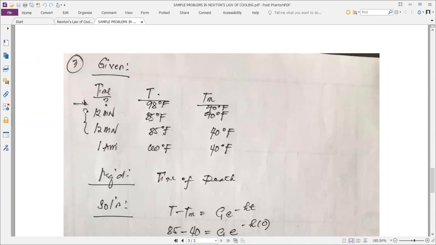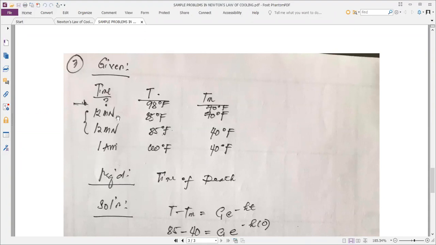Now, I placed a parenthesis here because this is a very crude assumption: almost instantly, meaning when it was found, it was transferred right away to the morgue. And if it's to be transferred to the morgue, of course, it would entail time. But in here, there was no mention of how long it took to transfer the body to the morgue, but almost instantly. So it's still 12 midnight then.